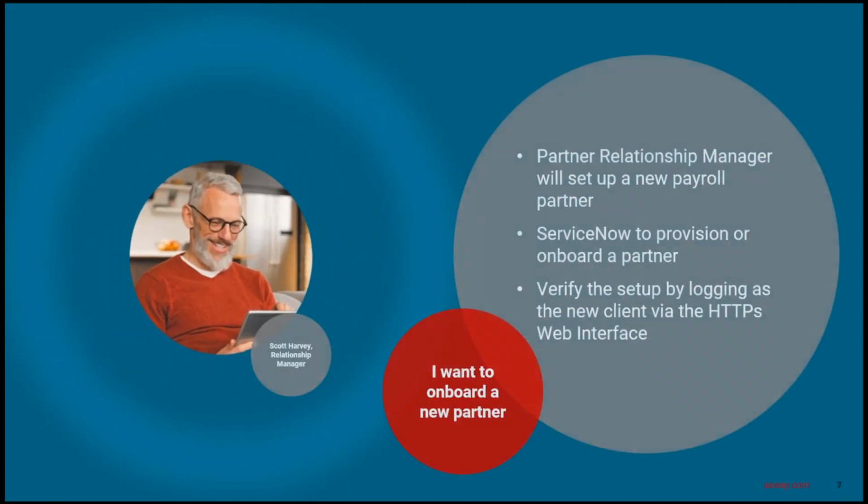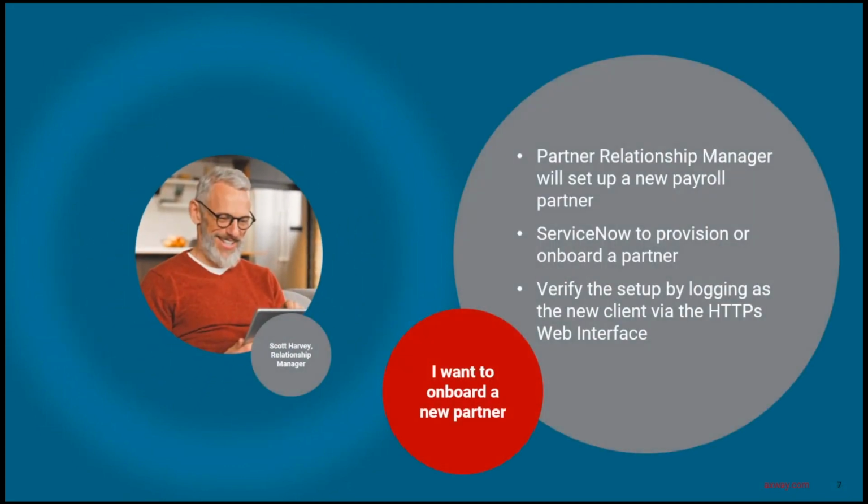So now let's look at this from the business stakeholder perspective. Scott Harvey, who is a relationship manager for BPO, just made a new partnership with ADP and wants to onboard them so that they can start exchanging the data and project timelines can be accomplished. Now, in a typical scenario, the line of business will start the conversation with the gateway admin on initiating the request and details needed from the partner.